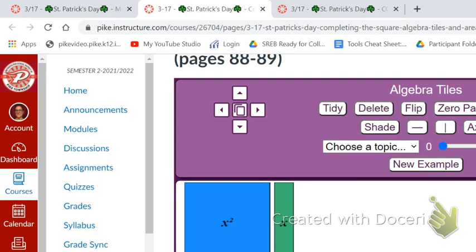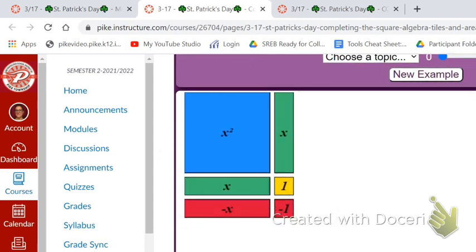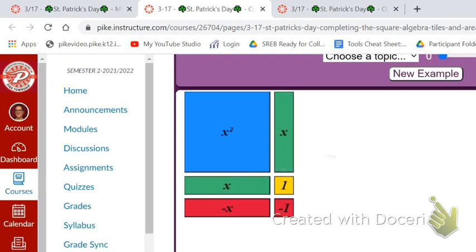Move it around yourself. Okay, so the blue tiles that you have in front of you are the x squared tiles. The green ones are x, and the yellow ones are 1.